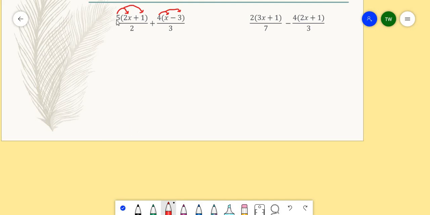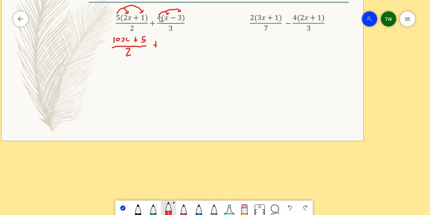So 5 times 2x, that's going to give us 10x. 5 times positive 1, that's going to give us positive 5. And all of that should be placed over 2. Bring our plus sign.